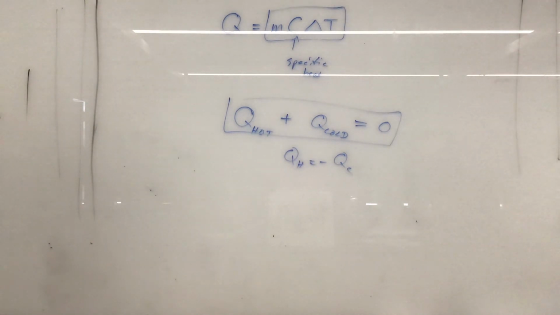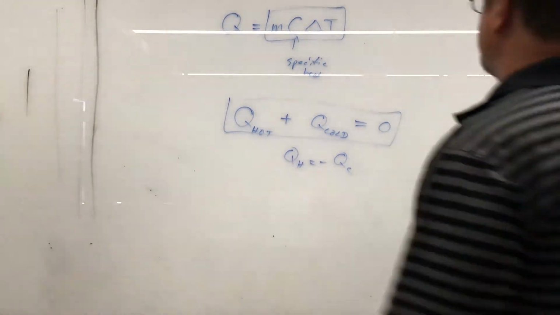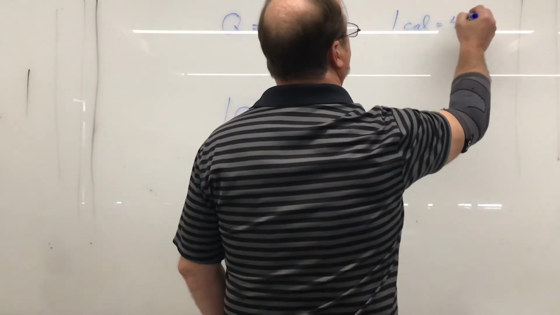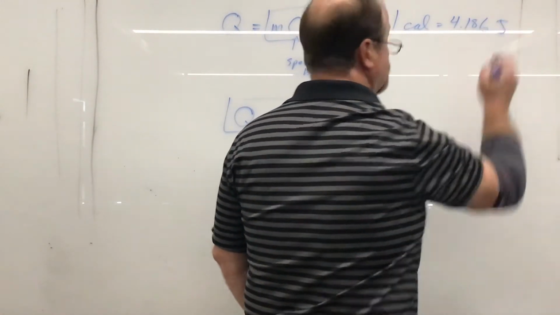Now, primarily, I tell you to deal with things in MKS units. And the MKS unit here is the joule for energy. But I will tell you, in this particular case, it is more convenient to use calories, and I'll tell you why in a minute. 1 calorie is equal to 4.186 joules, okay?